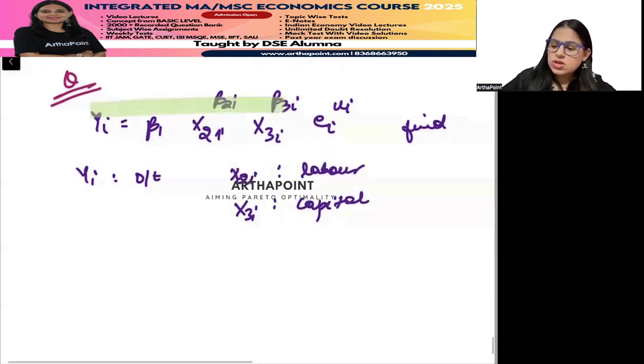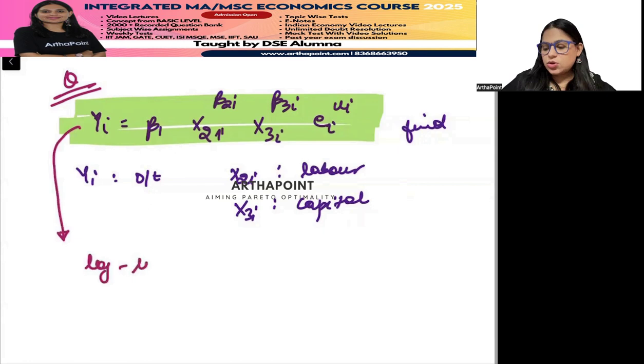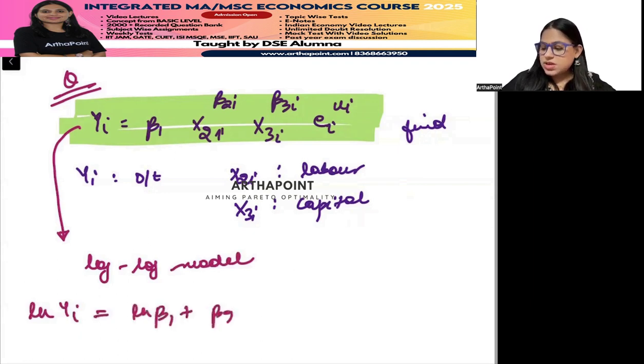So this is a Cobb-Douglas model, beta. We have already done in econometrics that this Cobb-Douglas model can be converted to a log-log model. So if I take log on both sides, I will get ln y is equal to ln beta 1 plus beta 2 ln x2i plus beta 3 ln x3i plus ui.